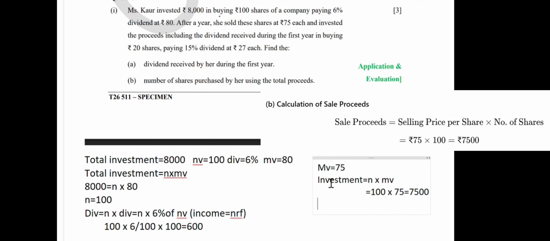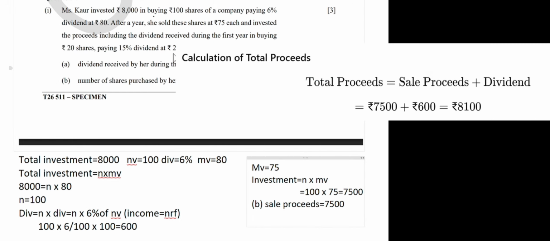Investment equal to 7500. That is your sale proceeds. Sale proceeds equal to rupees 7500. So sale proceeds equal to 7500 and the dividend was 600.